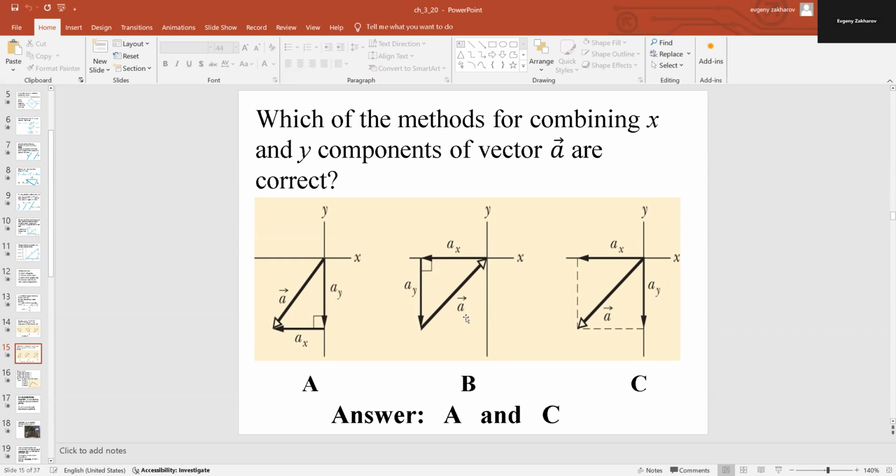So that's a mistake. The correct answer is still south of west. This direction is now north of east, which is incorrect. Magnitude-wise, it is the same. I have to say magnitude is correct. But for a vector, it's always two things, magnitude and direction.